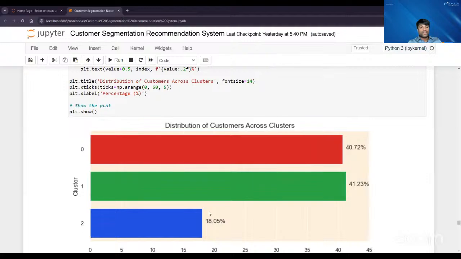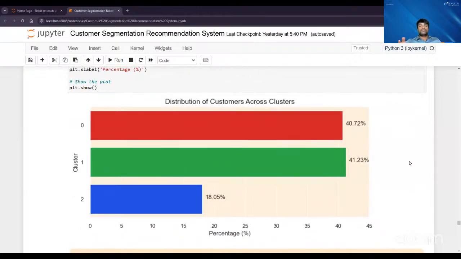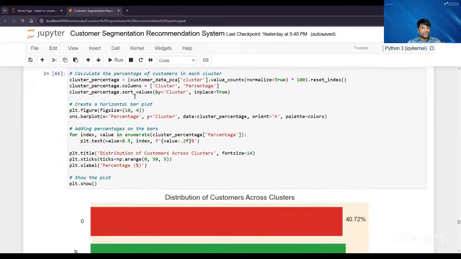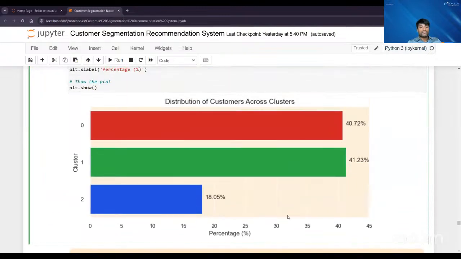Now, if you want to see the distribution of how many customers are spread across the clusters, we can plot a horizontal bar, which we have done here, with orientation horizontal. You can see that cluster 0 is 40.72%, cluster 1 is 41.23%, and cluster 2 is 18.05%.